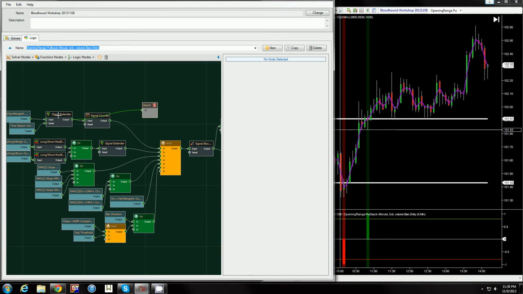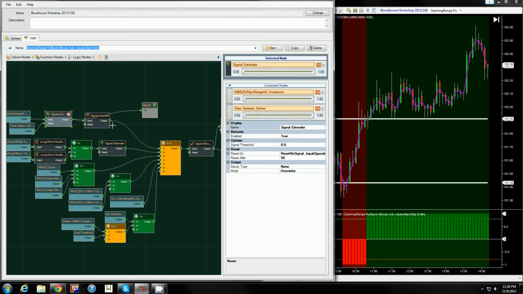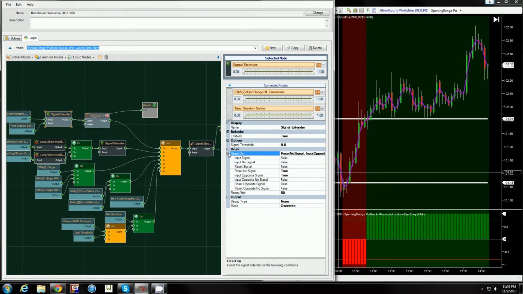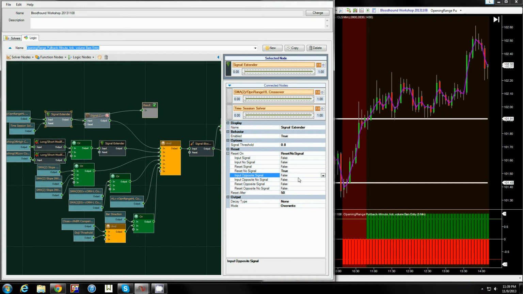So we have a signal extender, and I'm extending it like 50 bars. Well, not like 50 bars, but I have to reset it. If I don't reset the signal on the opposite signal, then here's what it will look like.